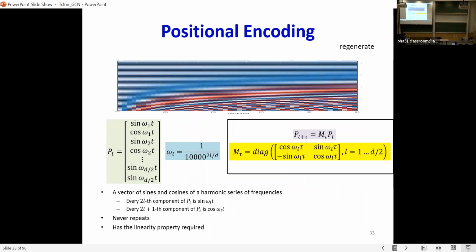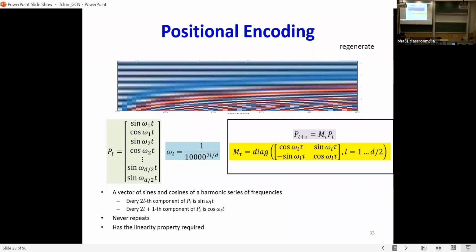Yeah. So here's a complicated formula that you're gonna remember, but don't think too hard about it. The positional encoding is going to be a bunch of sines and cosines that have different frequencies.